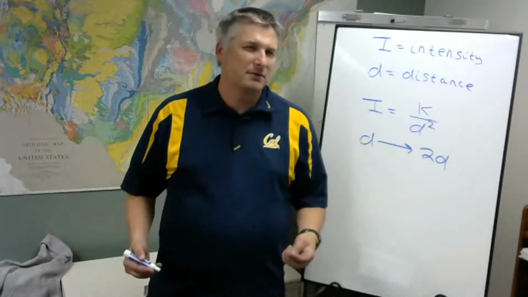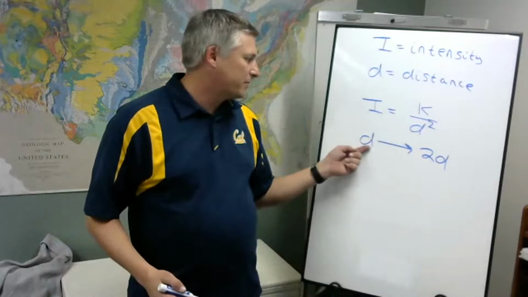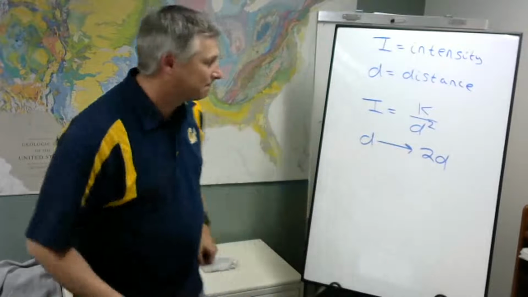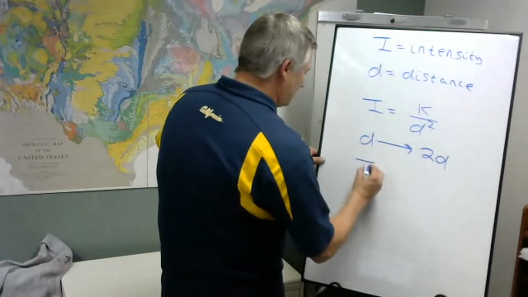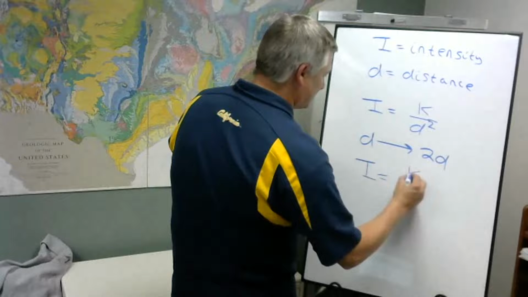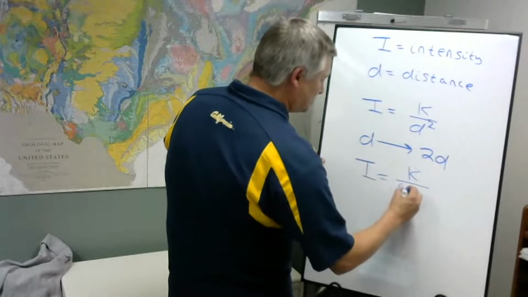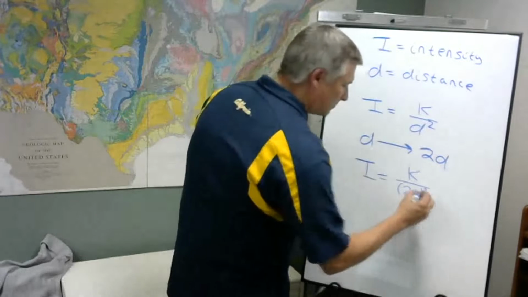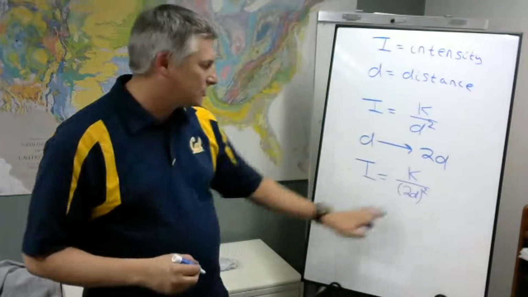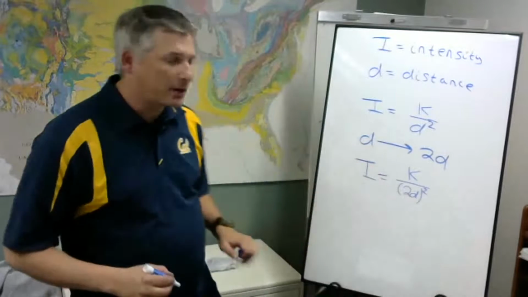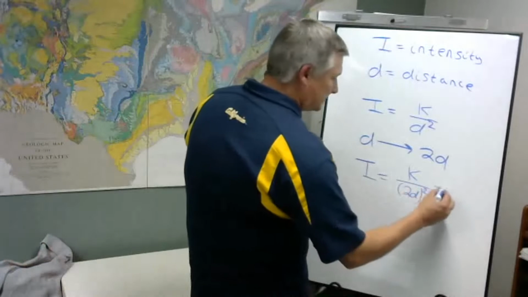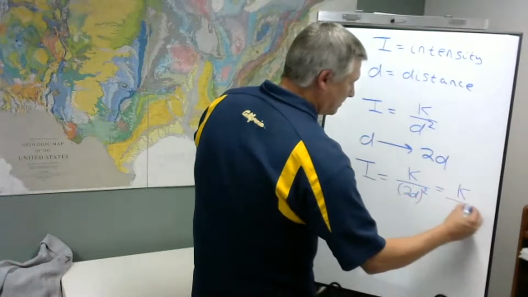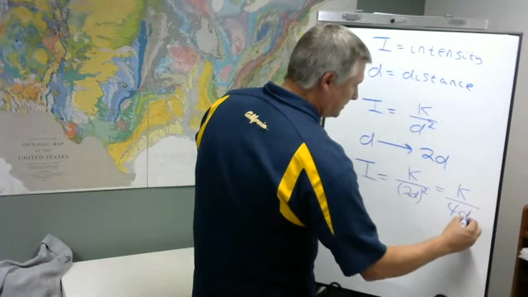What happens to this intensity when we switch from this to this? Well, now the distance is 2D. And remember, whatever that distance is, we're squaring that whole distance. So that twice distance, the whole thing's being squared. So this gives us K over 4D squared.